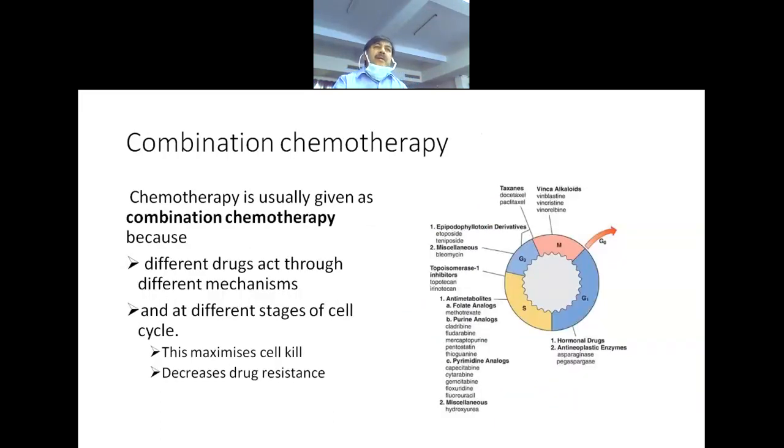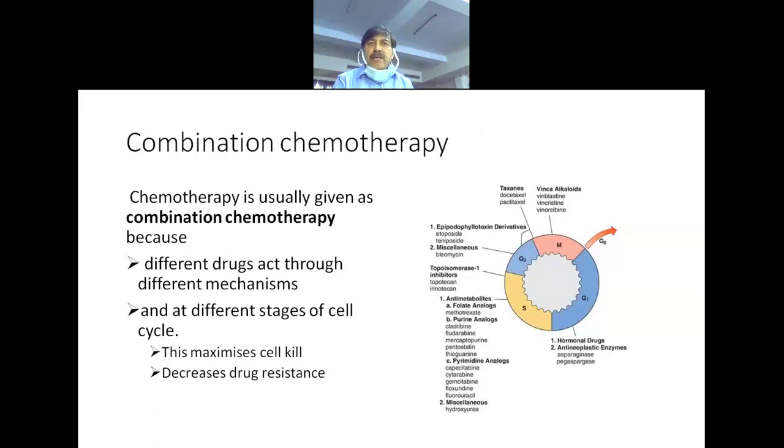Another important thing is that chemotherapy is given as combination chemotherapy. Combination chemotherapy means more than one drug is combined together. The reason for this is that different drugs have different modes of action, and they act at different stages of the cell cycle.